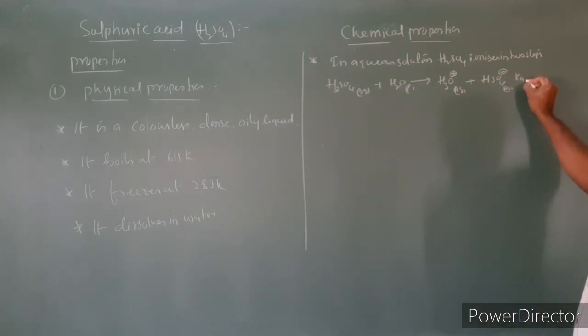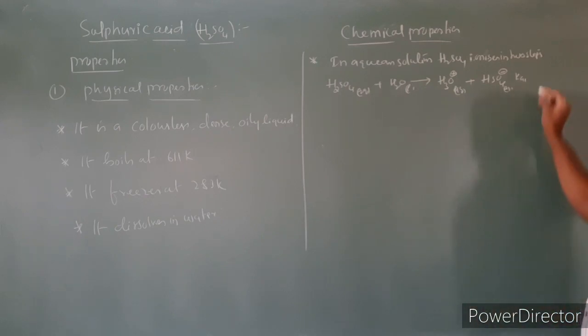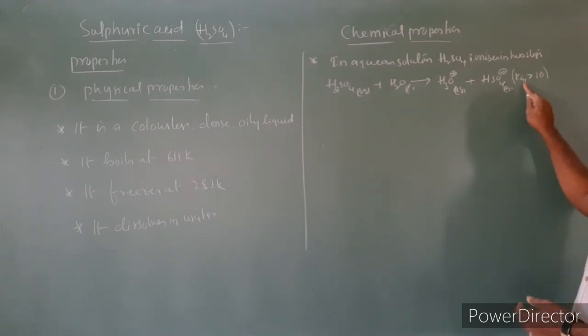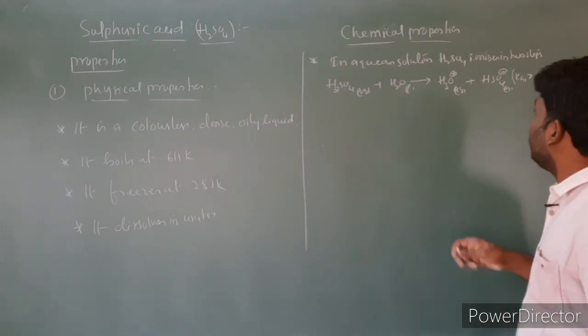For this first ionization step, Ka1 is very large, greater than 10.